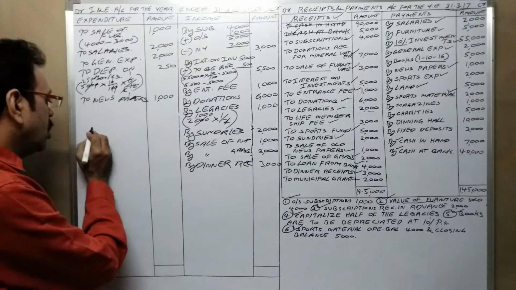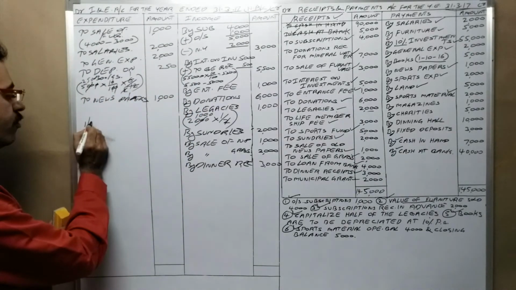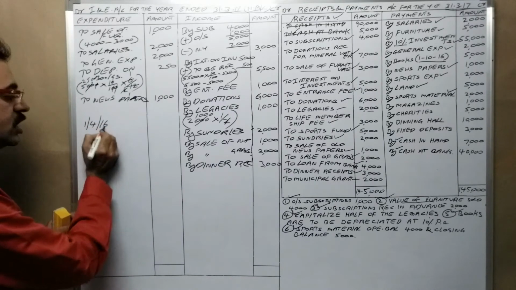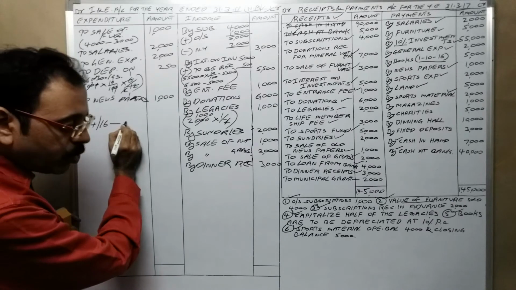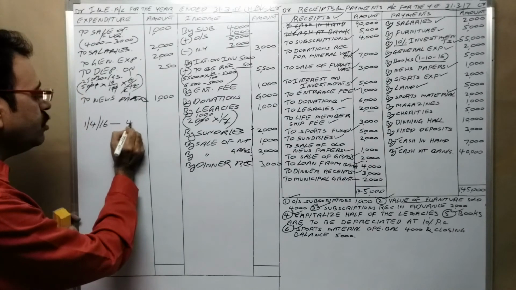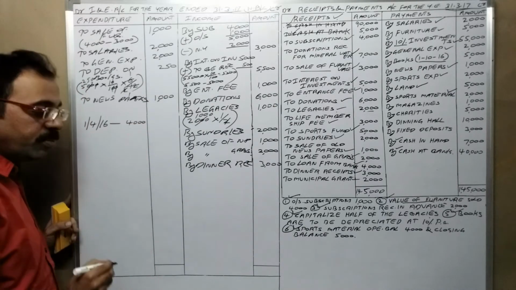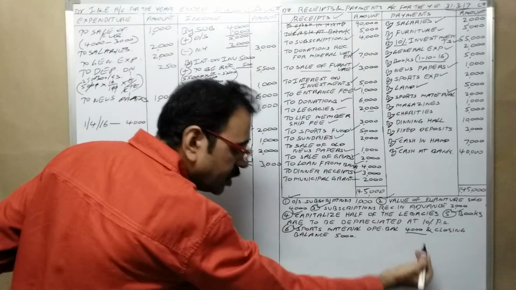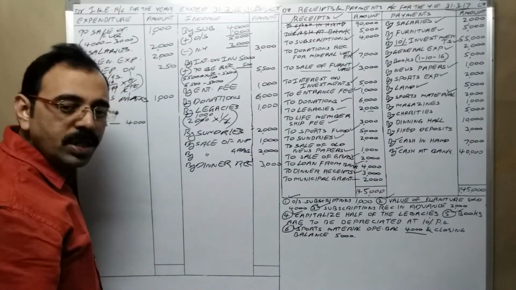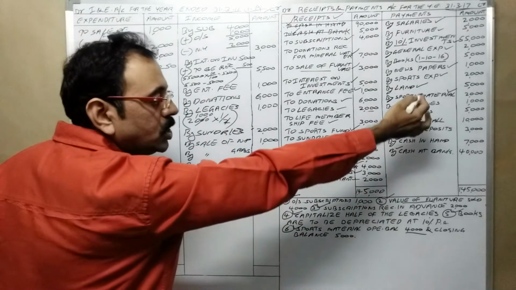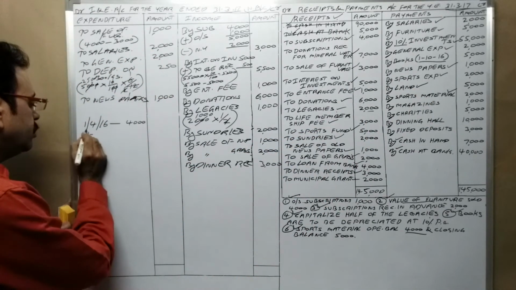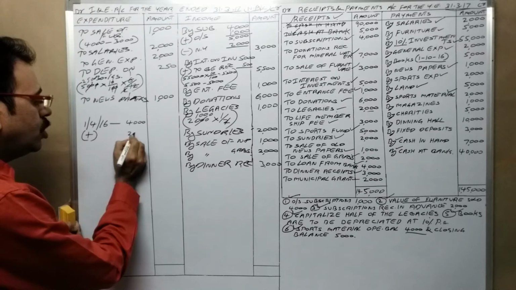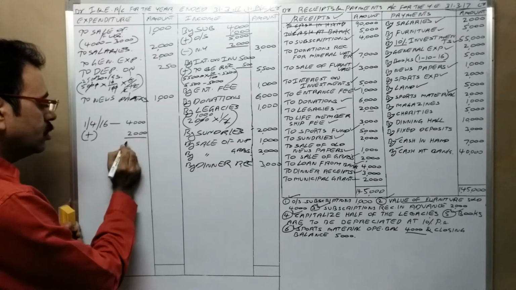See, on the opening date, 1/4/16, how much sports material did we have in the firm? 4,000 rupees. During the year, we purchased 2,000 worth more material. Add it, plus 2,000 rupees.